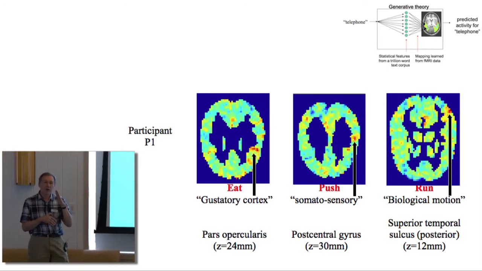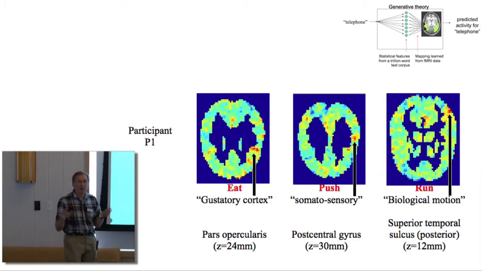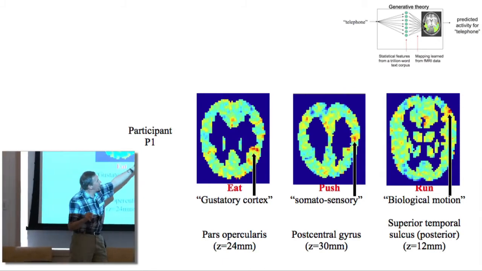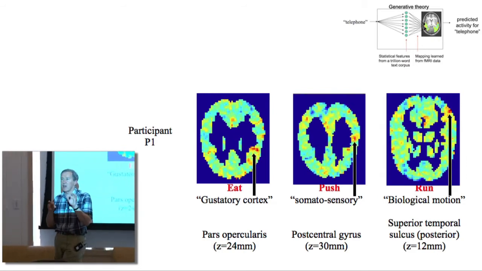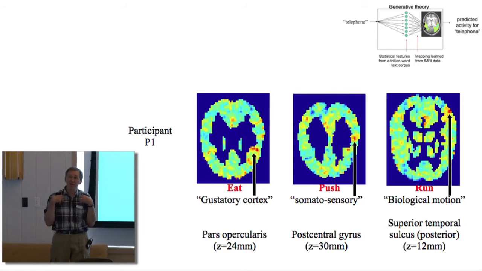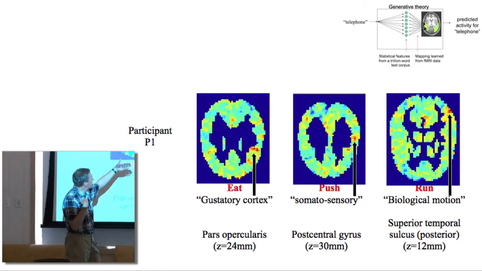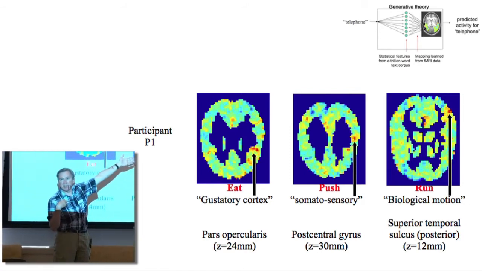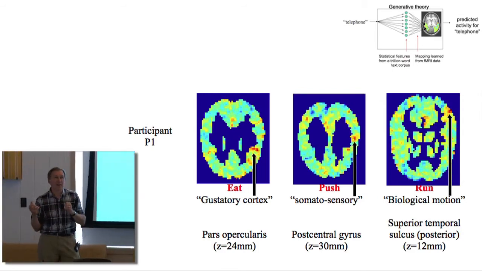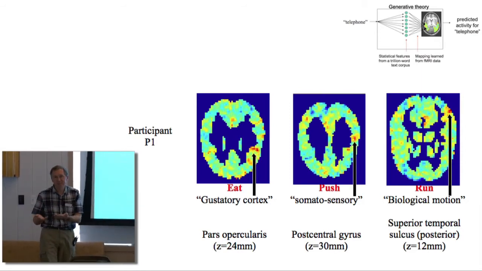So for about half, not all, of those 25 verbs in the model, if you look through the learned coefficients, you see some interesting correspondence between what we think of as the meaning of the verb and the activations being predicted in cortical regions associated with that action.